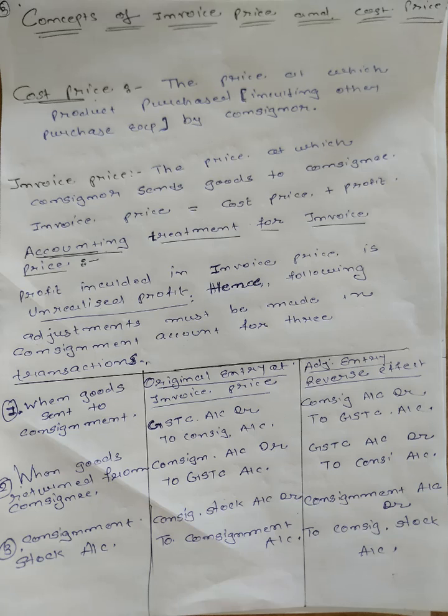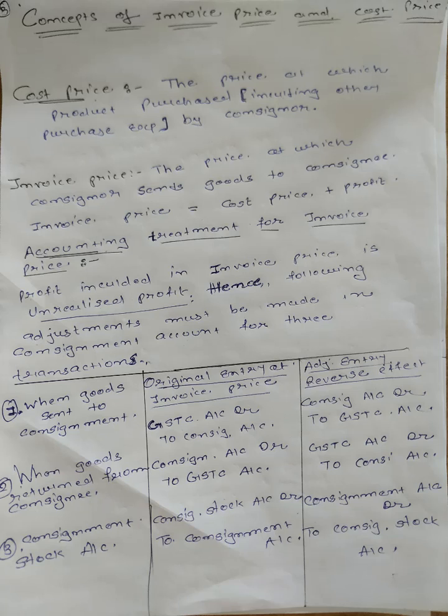Fine. So, this is unrealized profit. This is the imaginary profit added by the consignor to the cost price so that the consignee will not have an idea about the cost price of the goods and products.